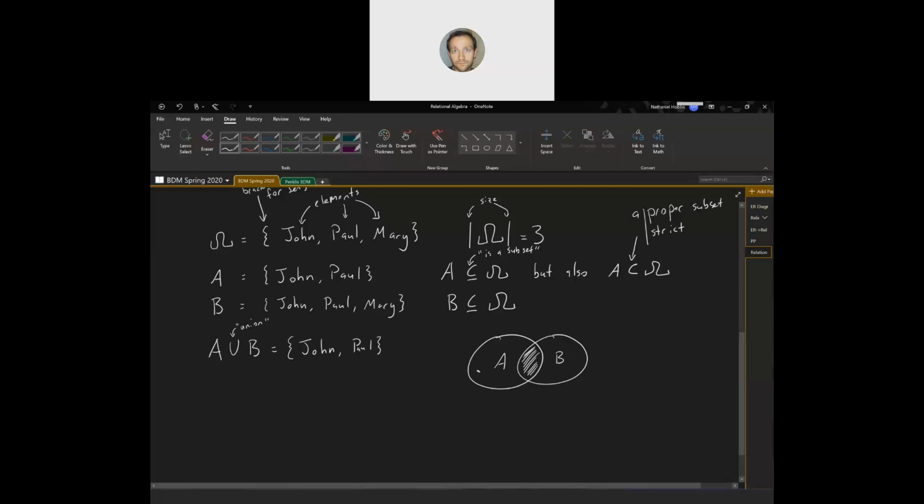Oh, I'm sorry. This is union, not intersection. The intersection, let me do this in a different color. A union B means A and B together. So A union B here is everything in A and everything in B together.